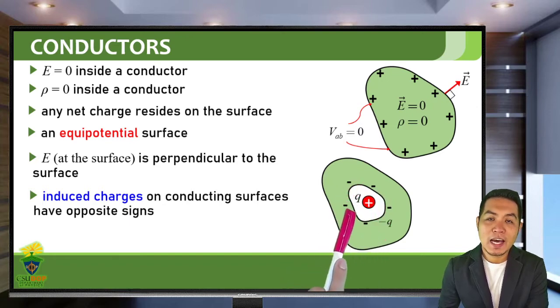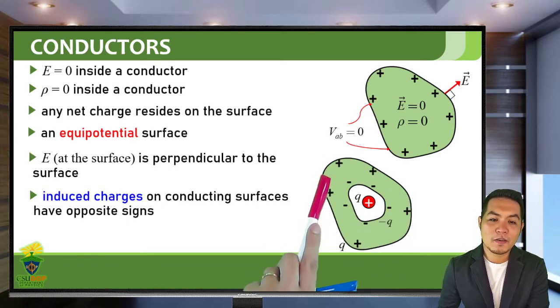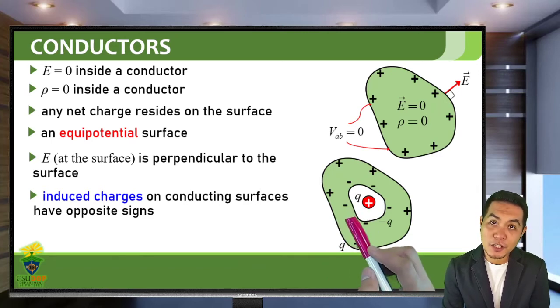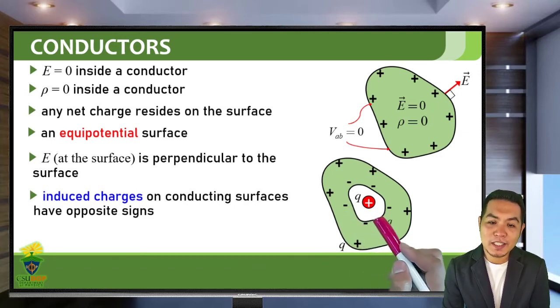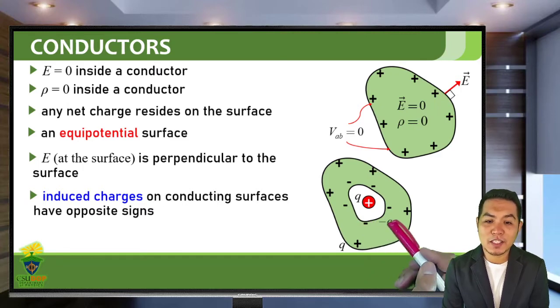And since the conductor is initially neutral, there will be a positive Q on the outer surface of the conductor. So the total charge in the conductor is negative Q on the inner surface and positive Q on the outer surface, so it's still neutral. The total charge in the conductor is still zero.